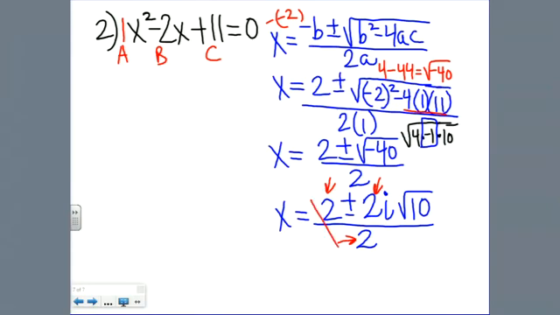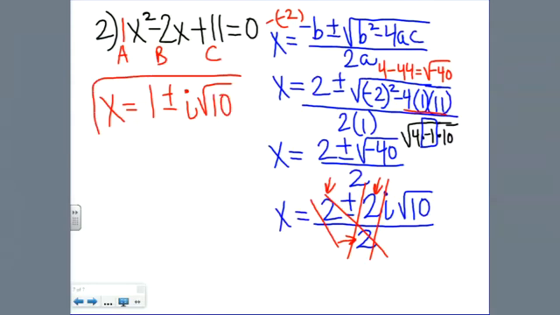So 2 divided by 2 leaves us with 1, plus minus. The same thing for the second part: 2i divided by 2 gives us a positive i on the square root of 10. According to the value of our discriminant, we should have gotten 2 complex solutions with an imaginary part, and that all came true.